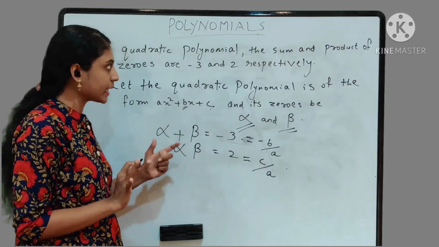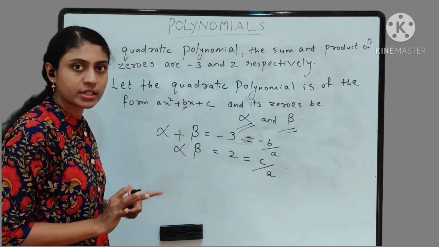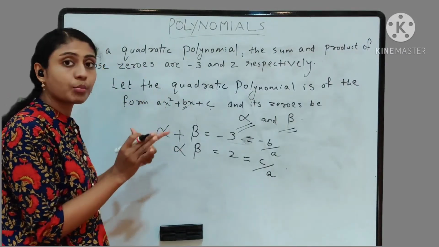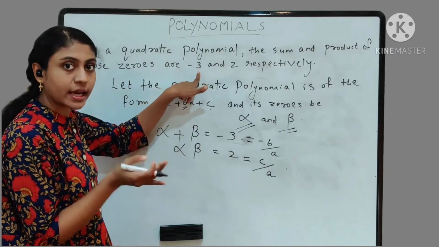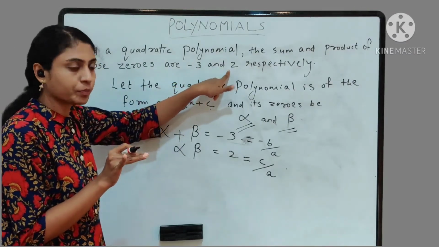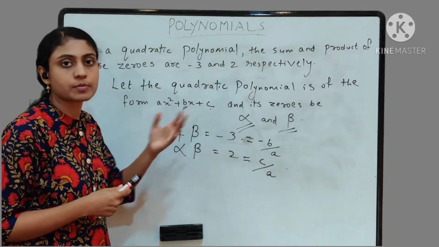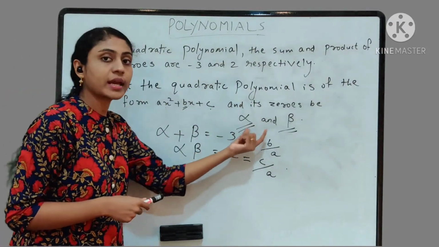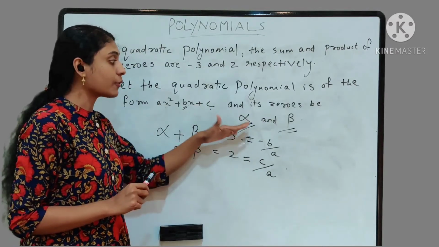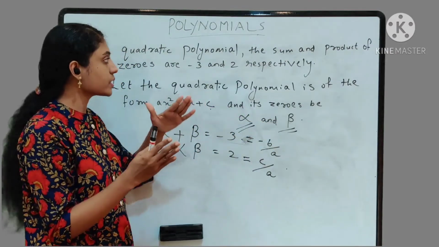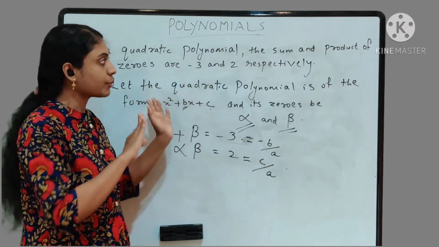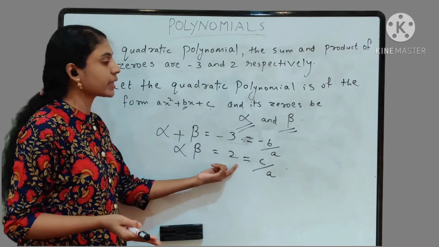Understood this much? Once again, the question is to find a quadratic polynomial, the sum of whose zeros is minus 3 and the product of whose zeros is 2. So we assumed that the quadratic polynomial is ax square plus bx plus c and its zeros are alpha and beta. We know that alpha plus beta, the sum of the zeros, is given as minus 3, and the product of zeros, alpha into beta, is 2.